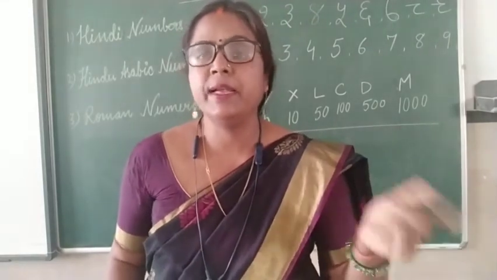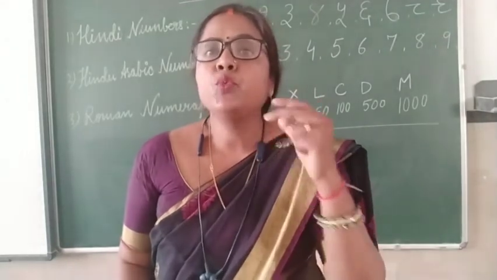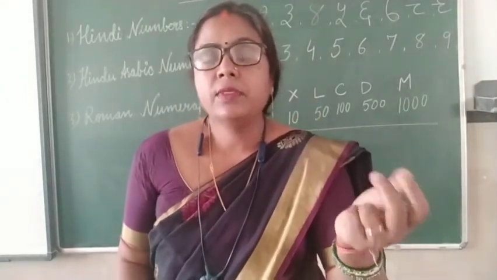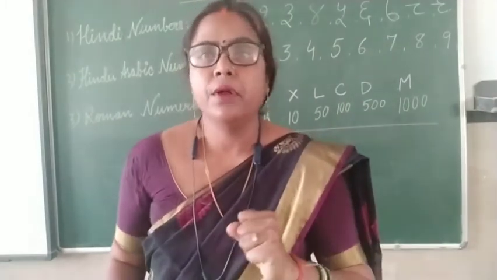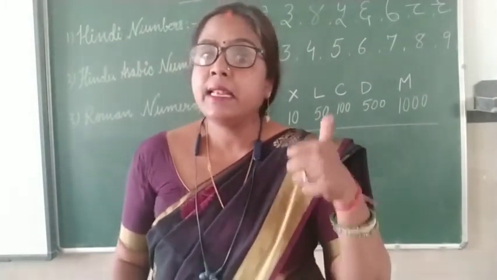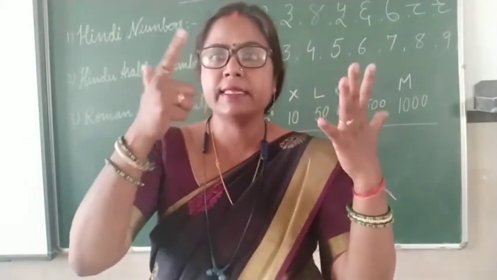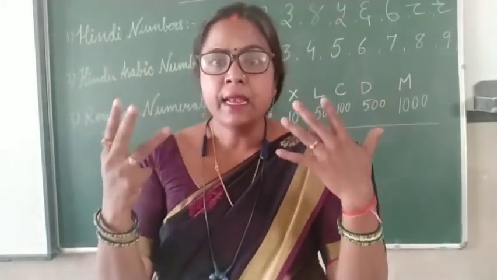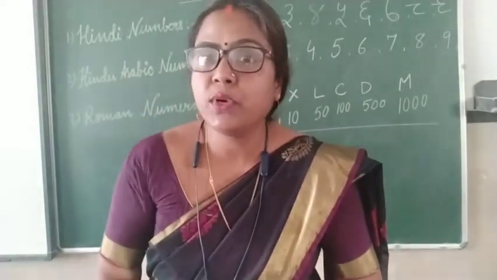I already explained it in the first one. When we take 2, 3 digits, we are making a number. More than 1 digit, we are making a number. How many digits are there? 9: 1, 2, 3, 4, 5, 6, 7, 8, 9, and one more, that is 0. 0 is also a digit.